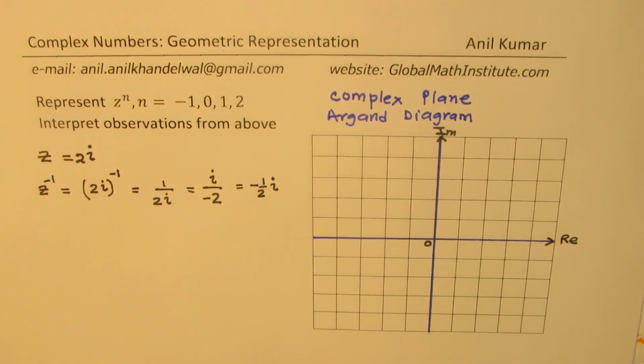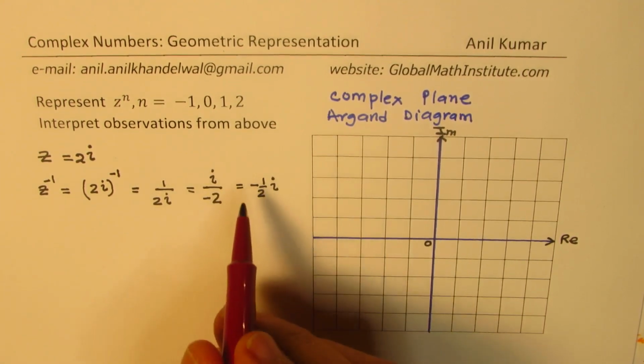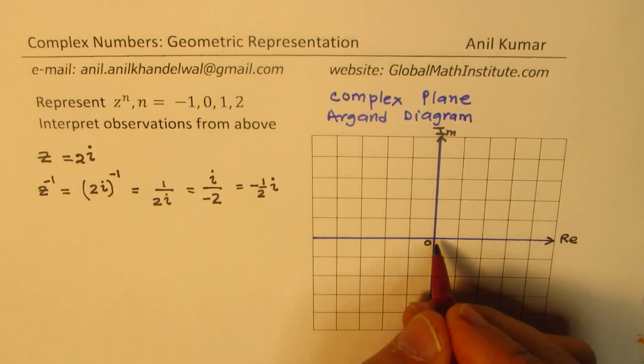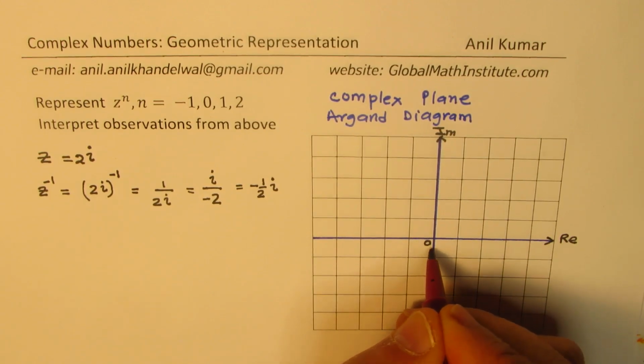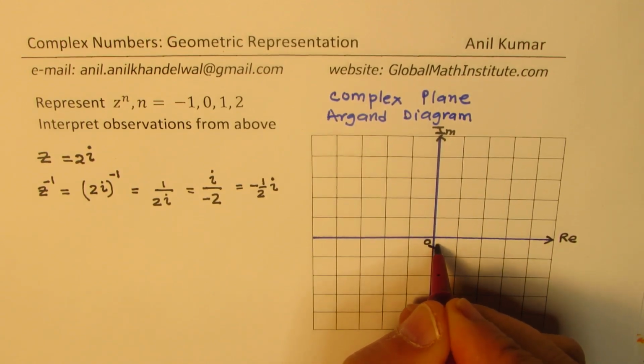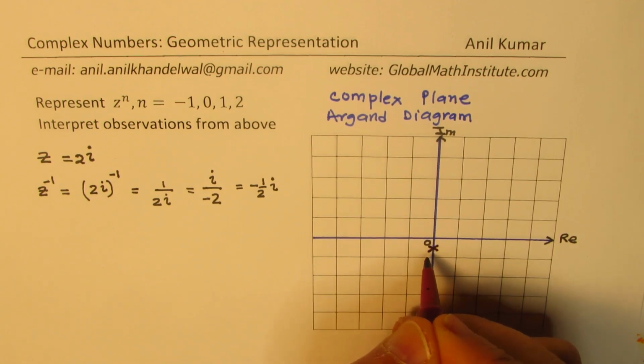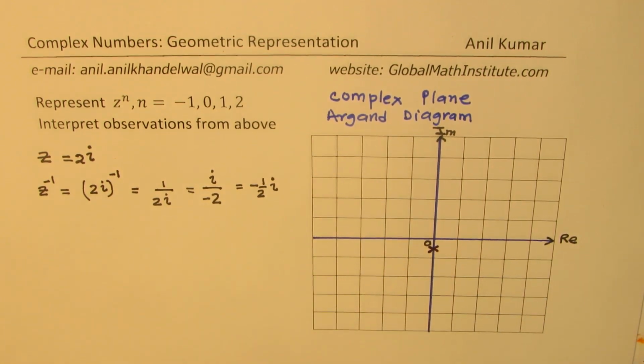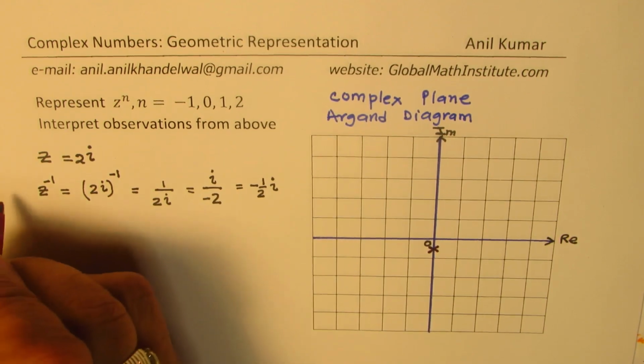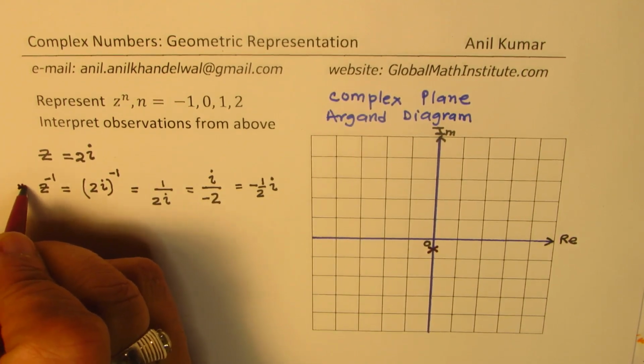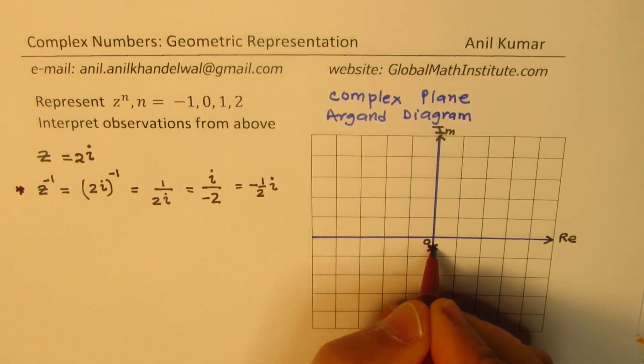So z to the power of -1 can be represented by a point which is minus half i. So this is 1 unit, so minus half i will be the point right there. Is that clear to you? Correct? So that becomes the first point, which is minus half i.